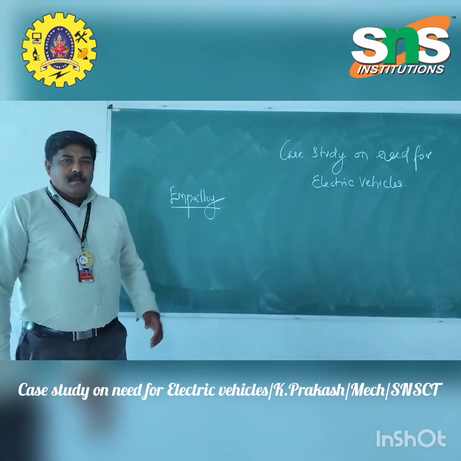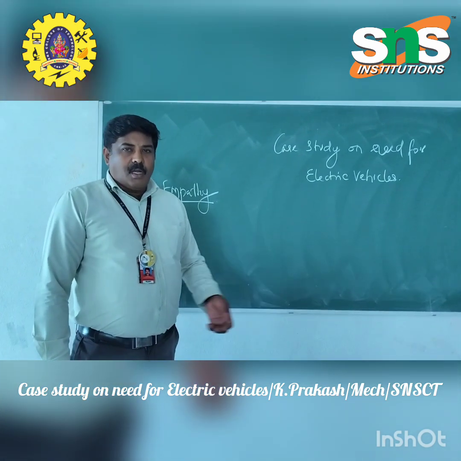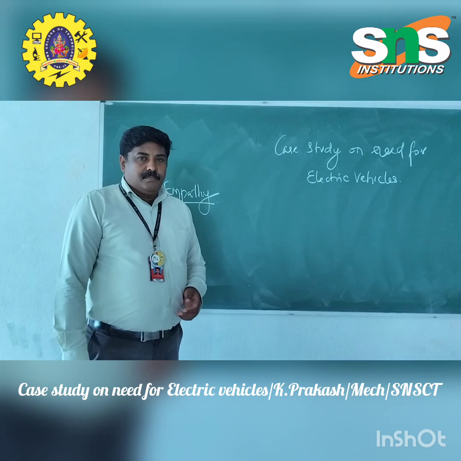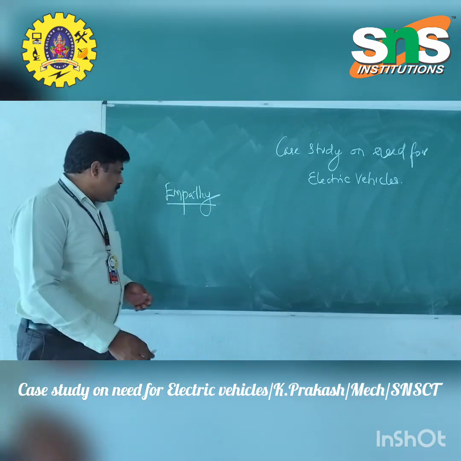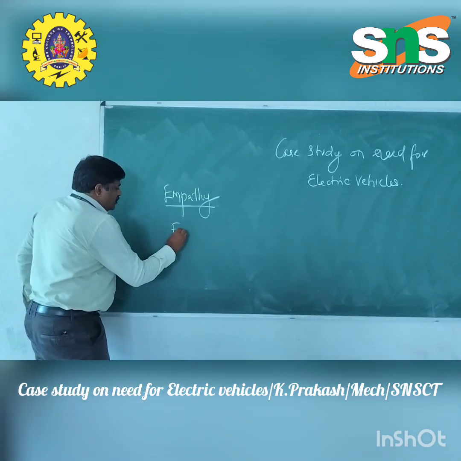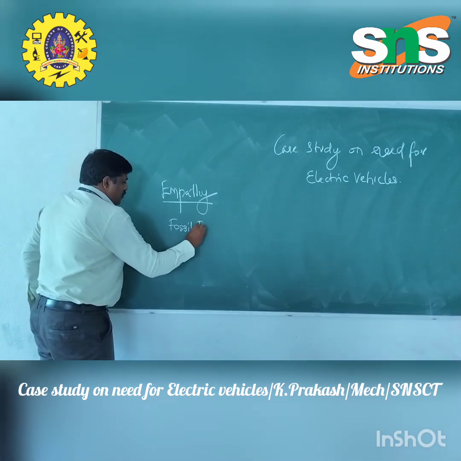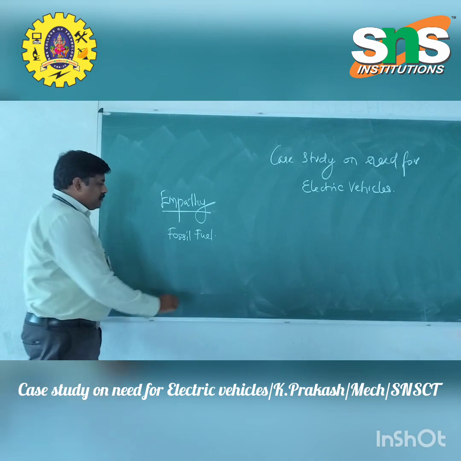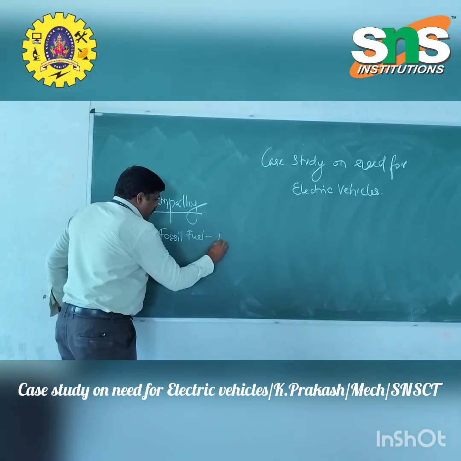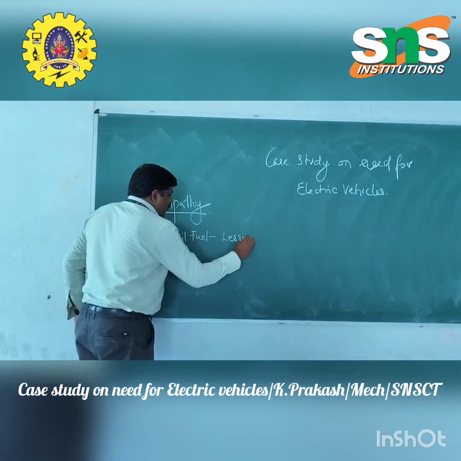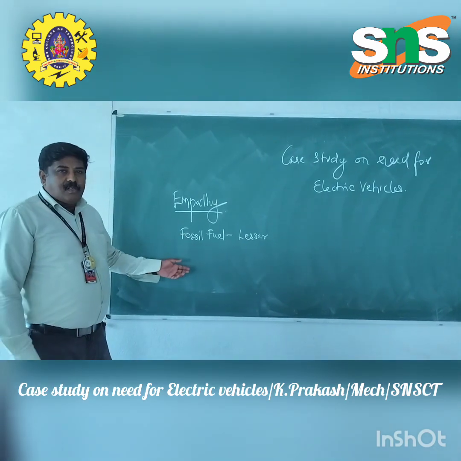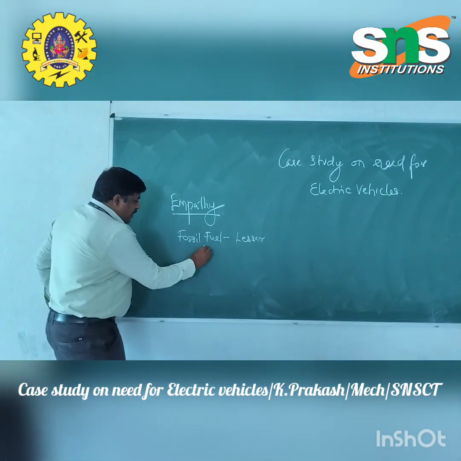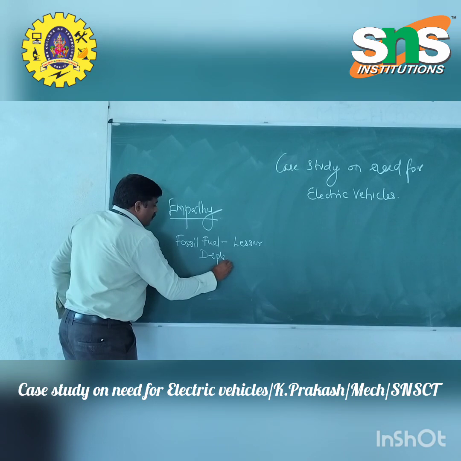What is the empathy based on, in the conventional mode which we are following now? The first and foremost thing is the fossil fuels. These fossil fuels are becoming lesser day by day because of their usage, so depletion is becoming more and more.